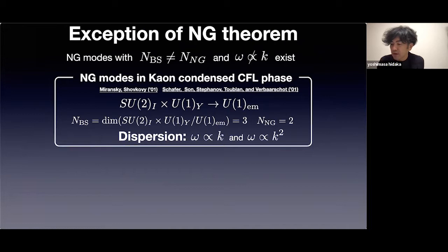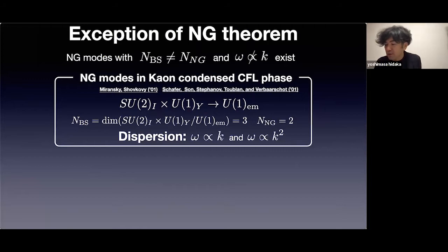In QCD, quantum chromodynamics, at high density it is expected that there exists a color superconducting phase, and in some phase the so-called kaon is condensed.